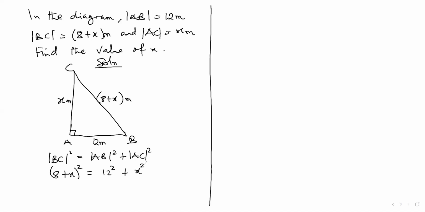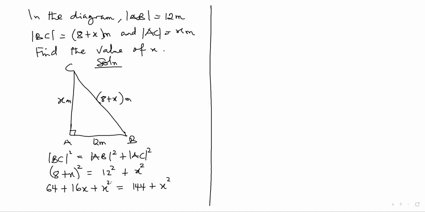So we're going to expand this. You take your first term and square it, you get 64. 8 times x is 8x, times 2 is 16x. Then plus the last one squared, which is x squared, equal to 12 squared, which is 144, plus x squared. So you see that the x squared will do what?